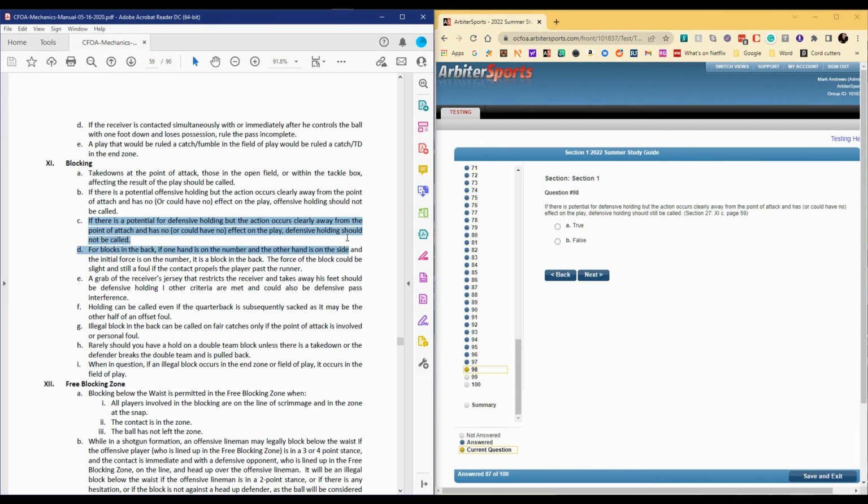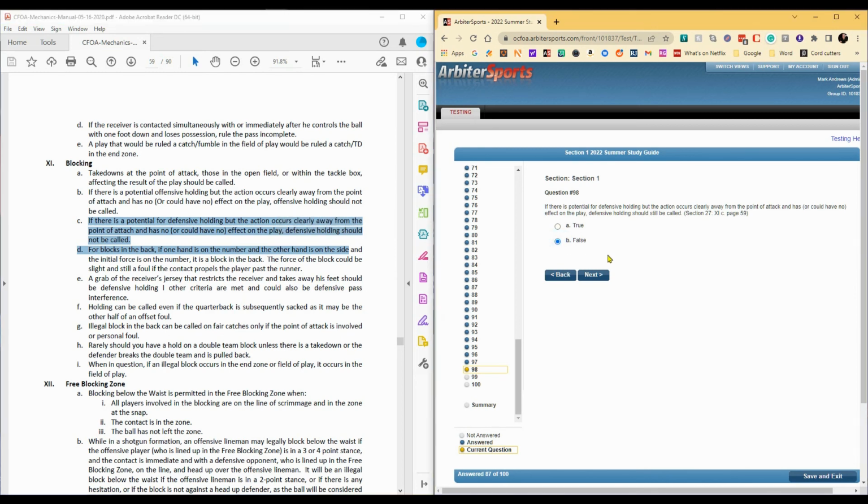And that's true for offensive holding as well. We have to have a material restriction and a material impact on the play for us to throw the holding flag. That's our philosophy. It's not in the rule book, but that is our philosophy. So the answer to this question is false.